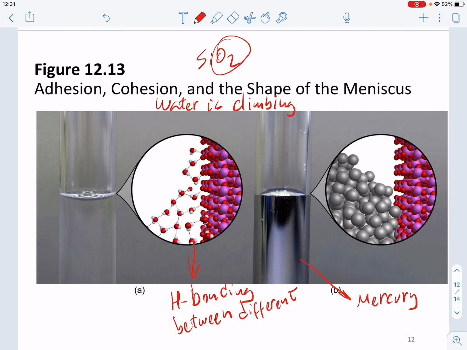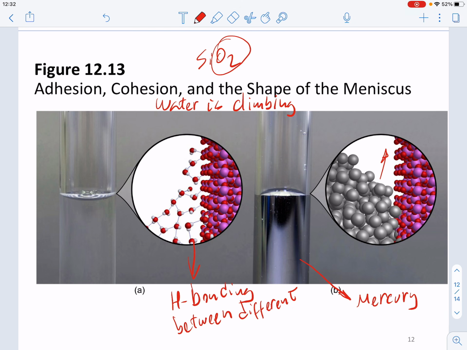But here, mercury will not have any interest in climbing up the walls in this tube, because there are no strong enough adhesion forces. In this case, mercury has stronger cohesion forces, okay?